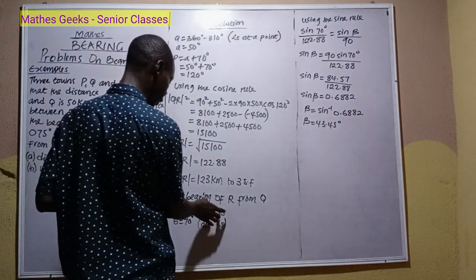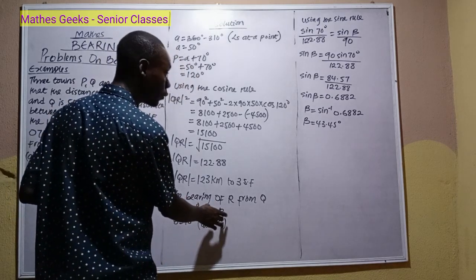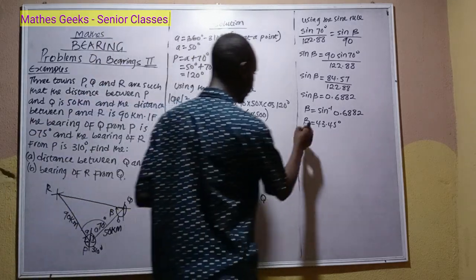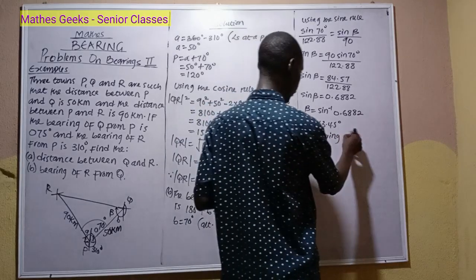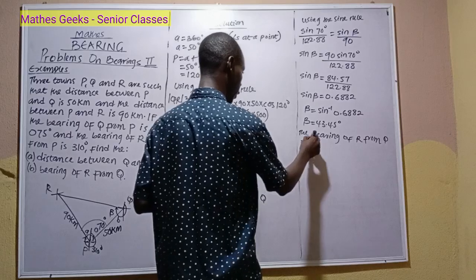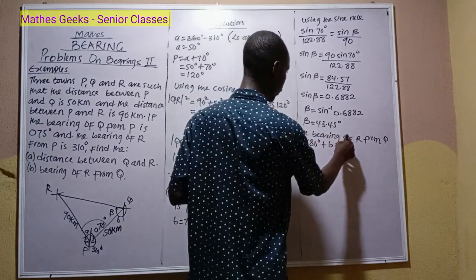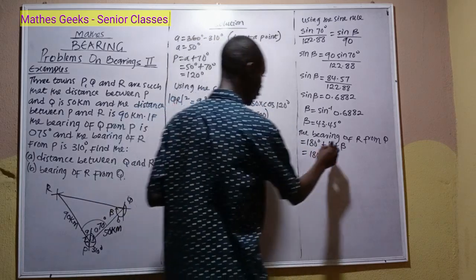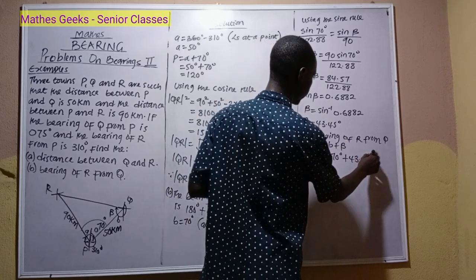We got beta because we need the value of beta to get the bearing of R from Q. So the bearing of R from Q is equal to 180 degrees plus B plus beta. That gives us 180 degrees, B is 70 degrees, then plus beta, which is 43.45 degrees.